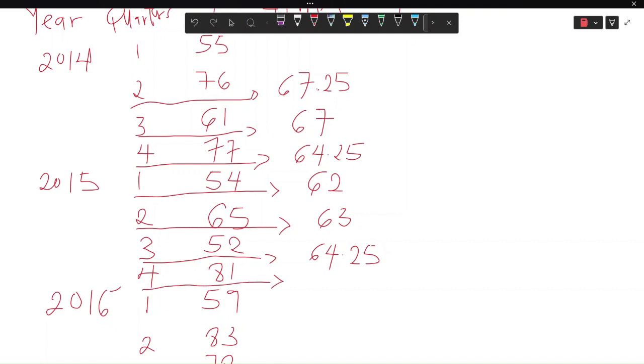The next one will be 52 plus 81 plus 59 plus 83, divided by 4, 68.75.